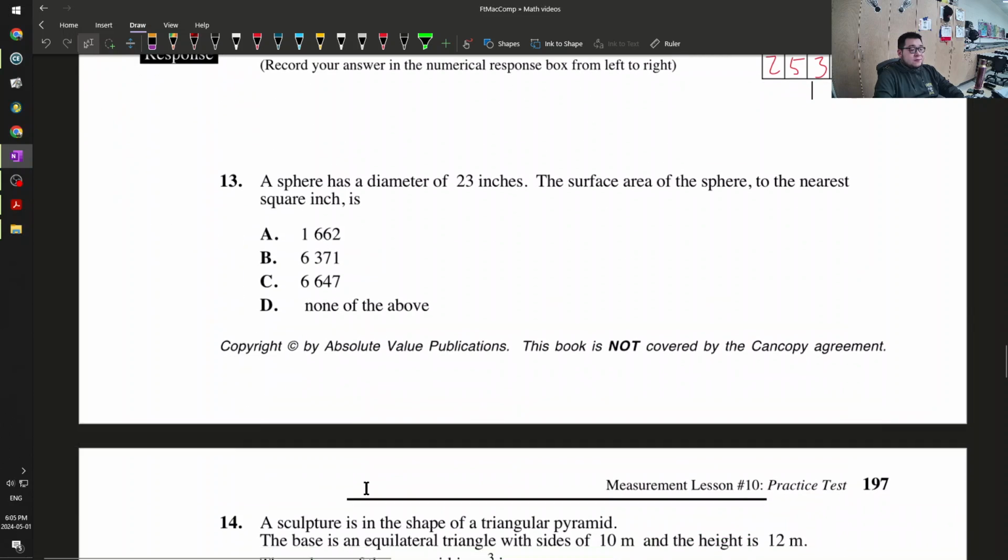13. A sphere has a diameter of 23 inches. What is the surface area of the sphere? The formula for the surface area of the sphere is 4 pi r squared. So 23 inches, what is it divided by 2?